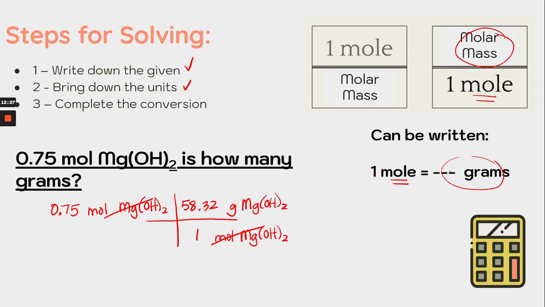I want grams of magnesium hydroxide, so I'm good. I just multiply across the top and I divide by the bottom. And this time I got 44 grams of magnesium hydroxide. So we have one approach that will solve both kinds of problems, grams to moles or moles to grams.